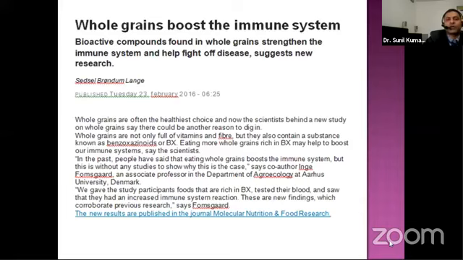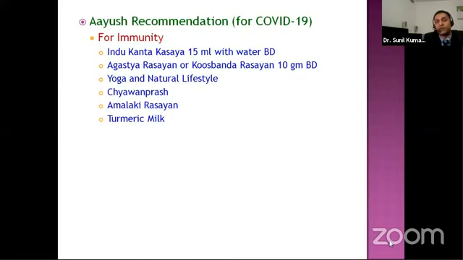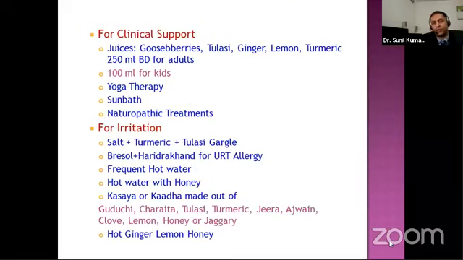Dr. Janak will be talking on that. If time permits, I can also share about Aayush recommendations for immunity, like Indukanta Kasaya, Agastha Rasayan, Yoga and Natural Lifestyle. The Aayush research core team produced this.